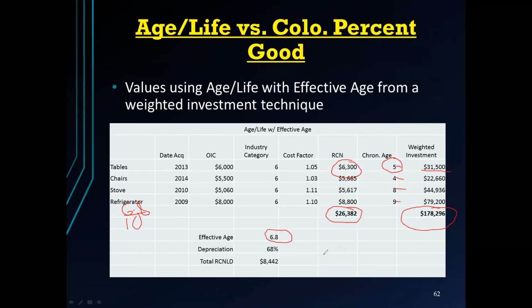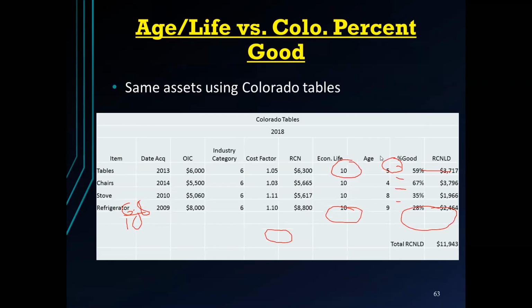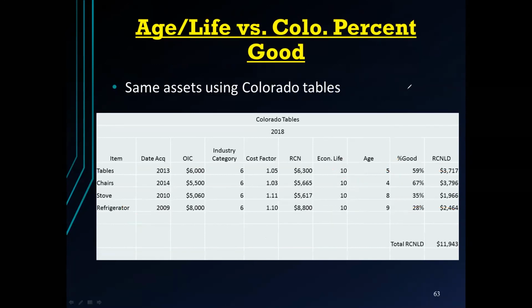And it's important to look at this, because let's look at how this compares to how you would value this using the tables. Okay, here's that same group of assets, same dates, same cost factors, same RCN. Here's our economic life. Here's our actual age of the property.